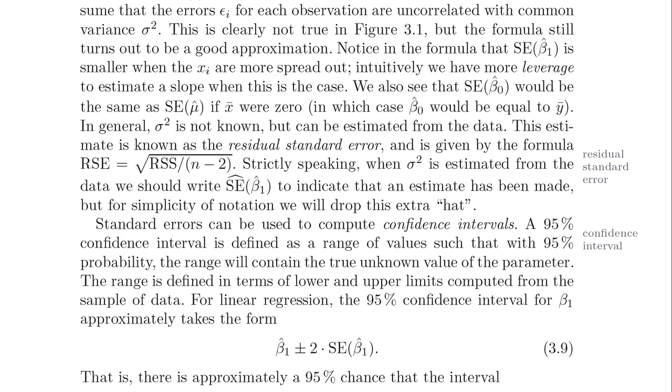A 95% confidence interval is defined as a range of values such that with 95% probability, I wish they wouldn't use range. We should say interval. Range already means a number of things to us. At secondary school, range means the max data value minus the min data value. In pure mathematics, there's the range of a function, so the set of all outputs of that function.